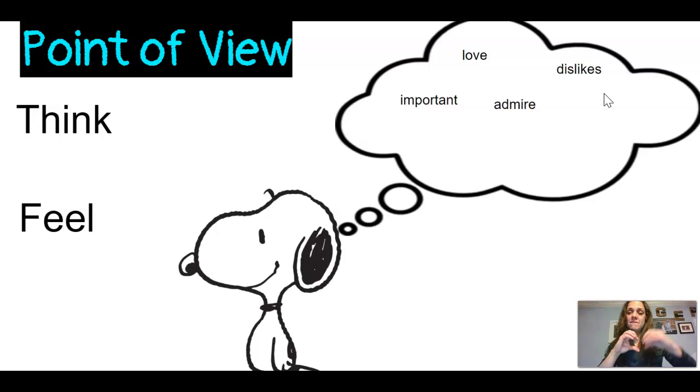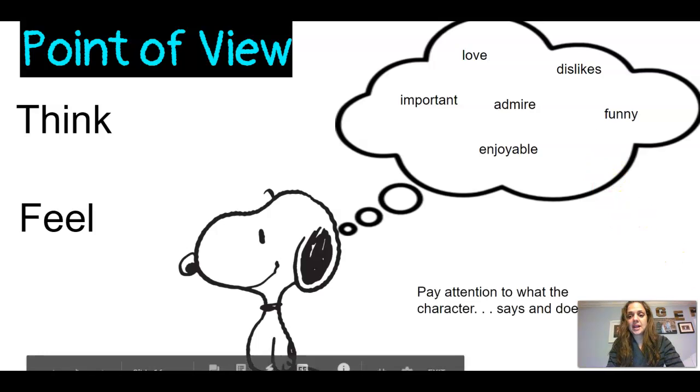Someone might feel dislike towards someone or something. Someone might feel like a situation is very enjoyable, or being around a certain character is enjoyable. Someone might think or feel that something or someone is funny.